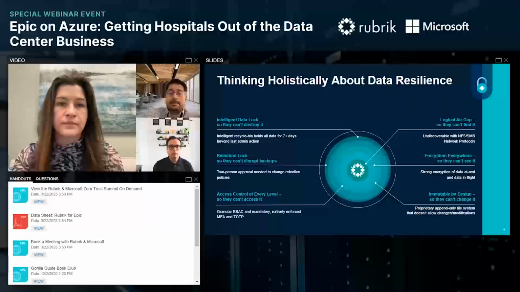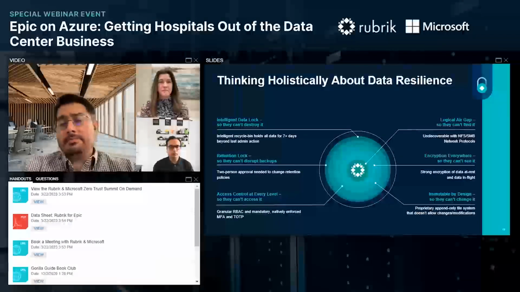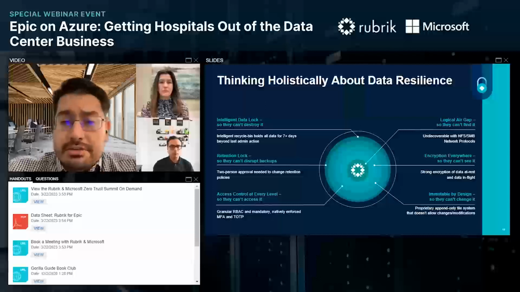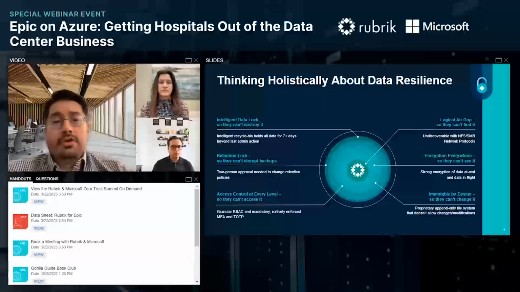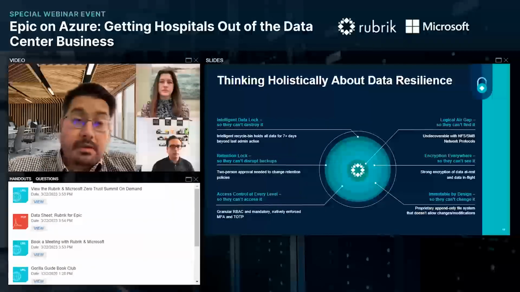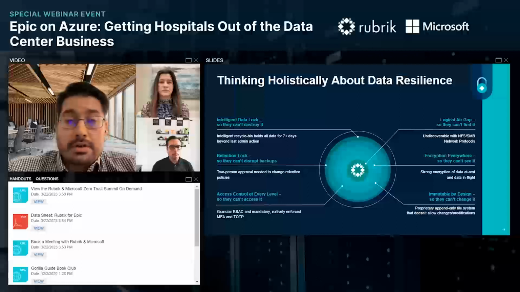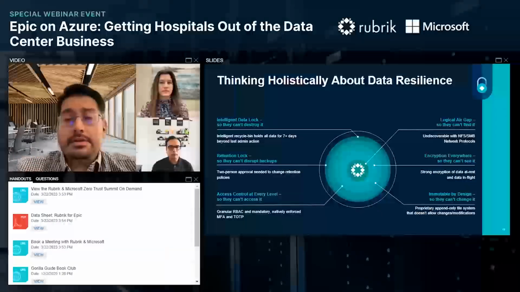Okay, yeah, absolutely. So, just starting with logical air gap, and I'm starting there because that's central to the overarching system. Rubrik, in our early days, got started where many of you on the call have gotten started, which is more data center centric, build better backup, and we've extended our capabilities out into those cloud environments.